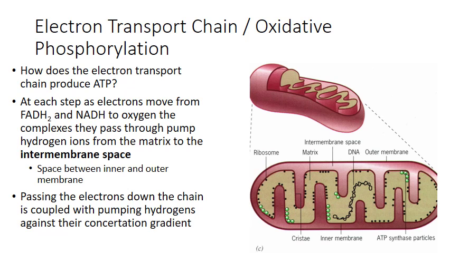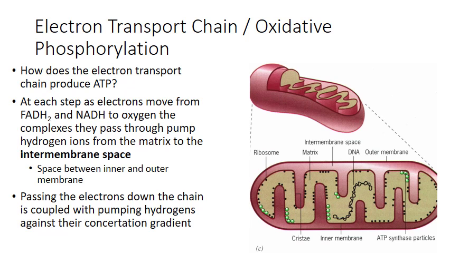Oh, sorry, down here. As the electrons move down the electron transport chain, it's coupled with the pumping of hydrogens up their concentration gradient, which is what we saw in photosynthesis as well. As the electron moves down that chain that we saw last slide, it's going to be pumping hydrogens against their concentration gradient.